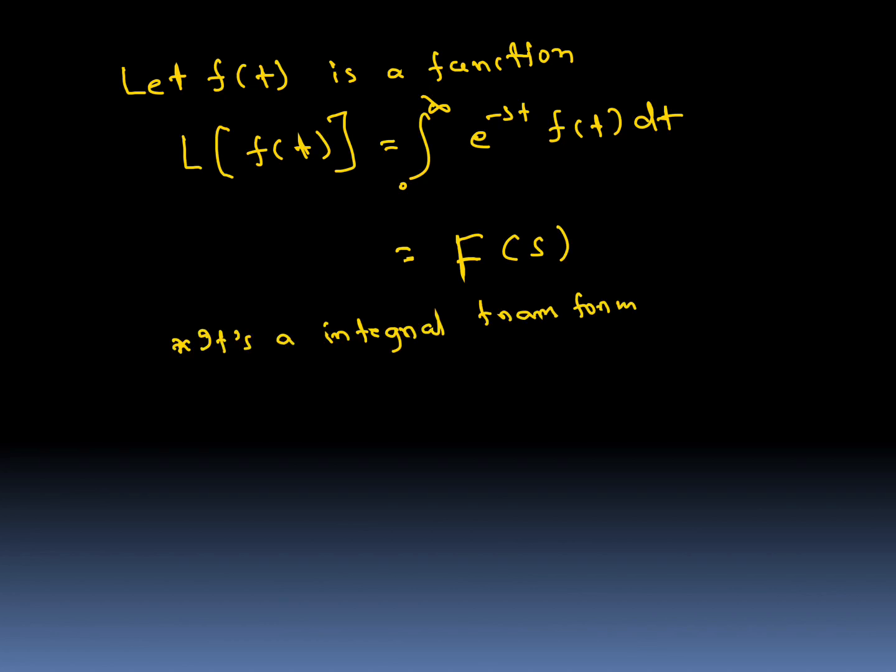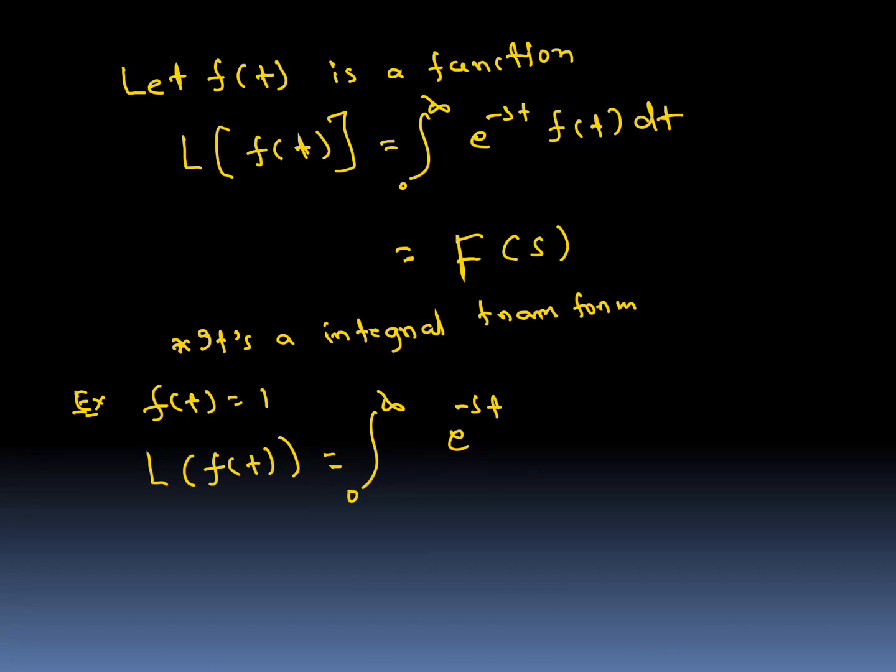For example, let the function f of t be 1. We have to calculate the Laplace transform of f of t. So Laplace of f of t is the integral from 0 to infinity of e to the power minus st times f of t, which is 1, dt.